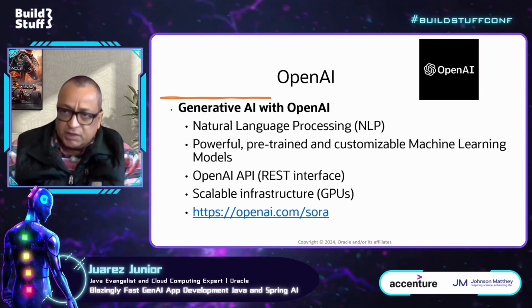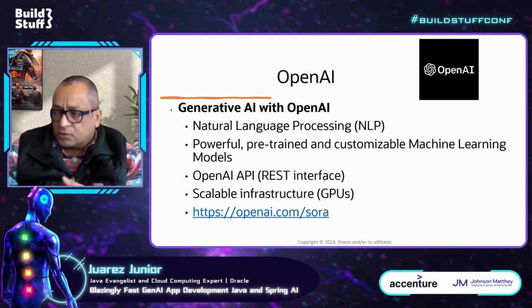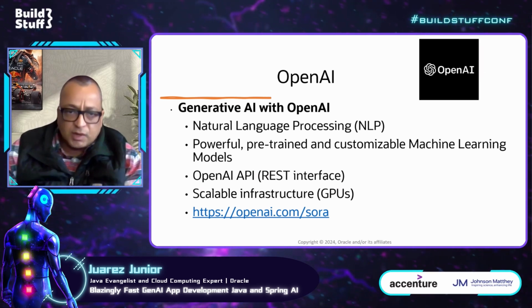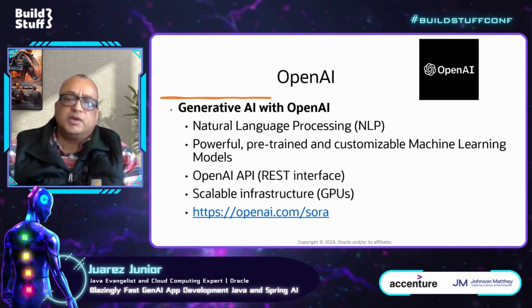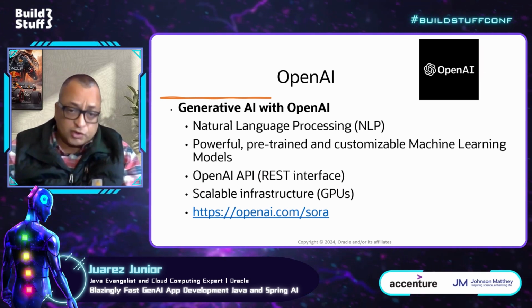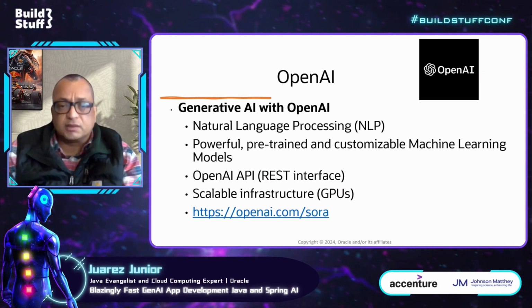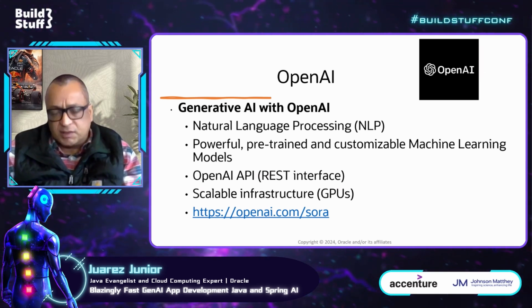So enabling the HTTP protocol, the internet protocol, and possibly JSON, an easy way for you to interact with such a scalable infrastructure, and all the models are there pre-trained, and all the complexity is managed.